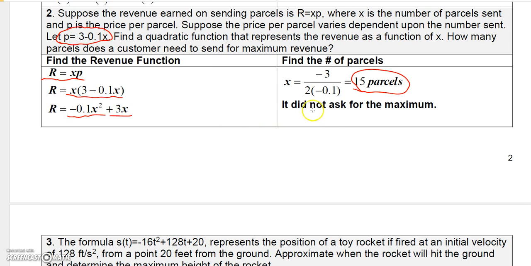And if you graphed this, you would get a quadratic function, and this point right here, the vertex would actually be where x is 15. Now, it didn't actually ask for the maximum revenue, but if you wanted the maximum revenue, all you'd have to do is plug 15 into this function for x, and then see what you get for the maximum revenue.